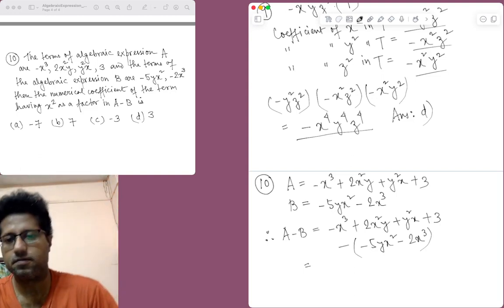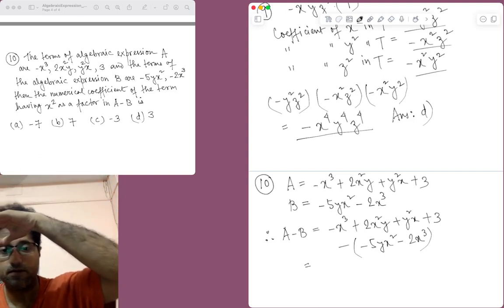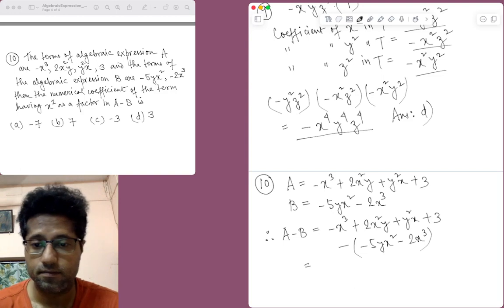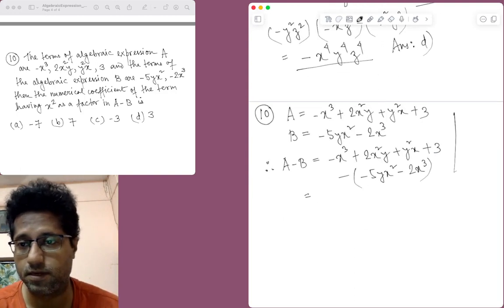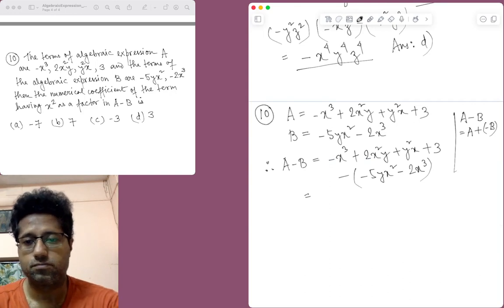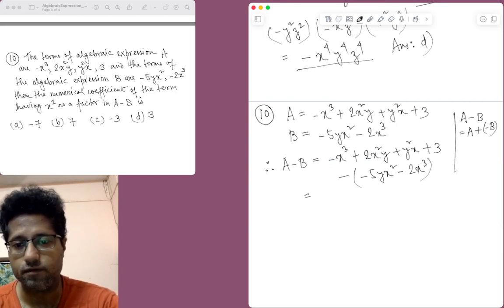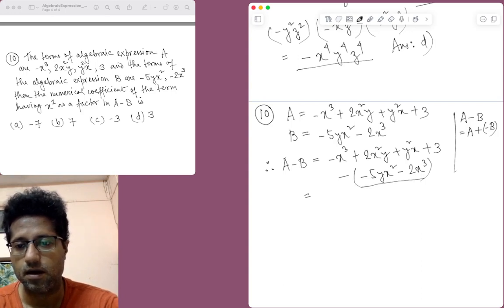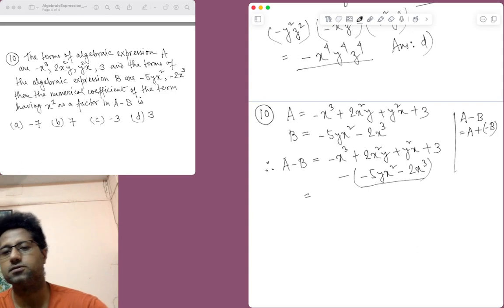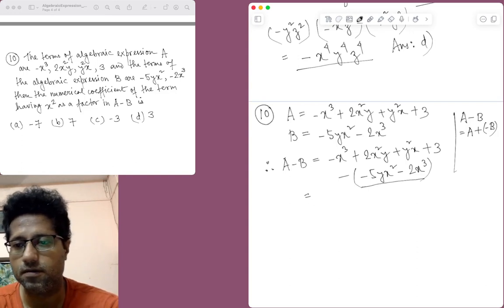A minus B is nothing but A plus the negative additive inverse of B, that is minus B. This is an algebraic expression, this was B, and outside we have a negative. So when we open this grouping symbol, this parenthesis, the terms of B will change their sign.